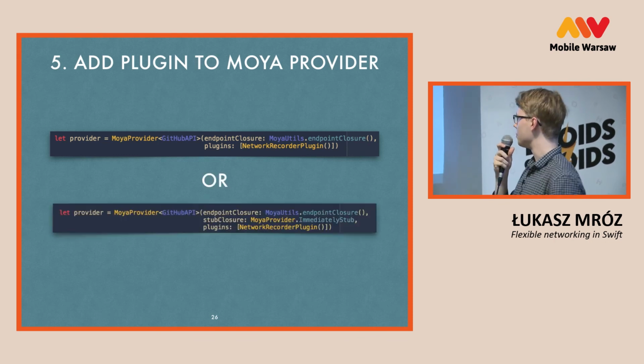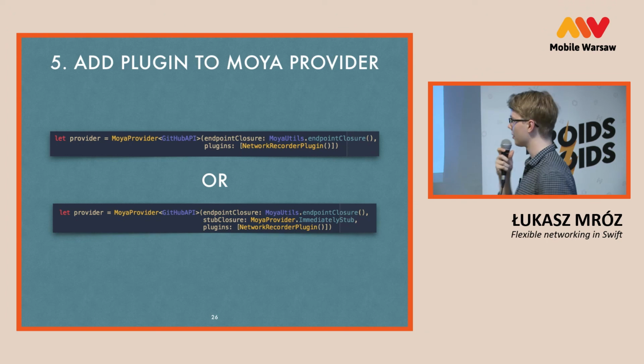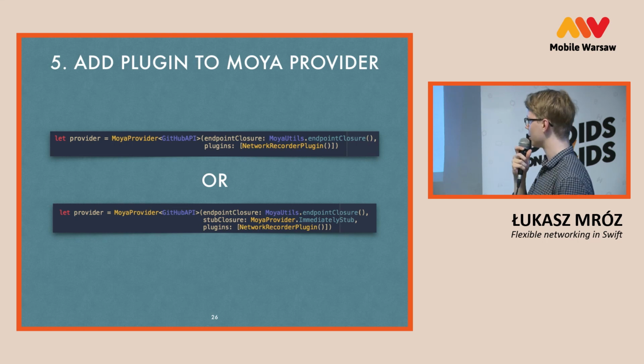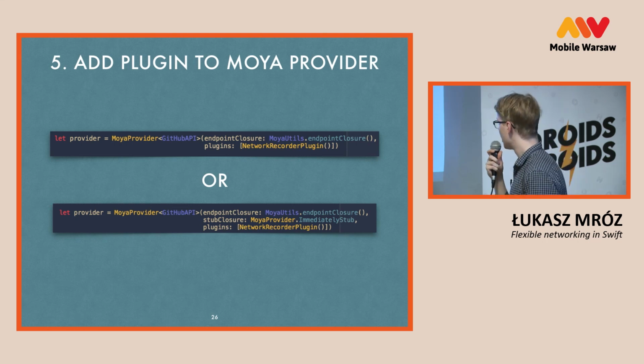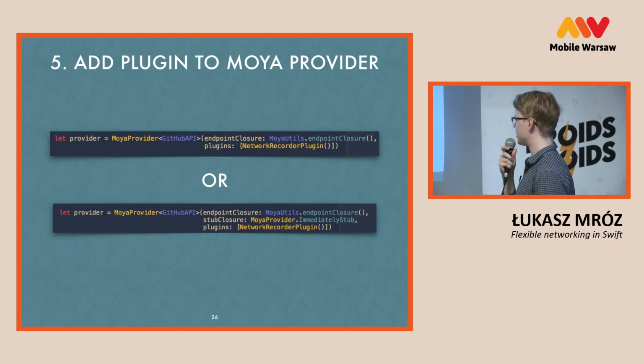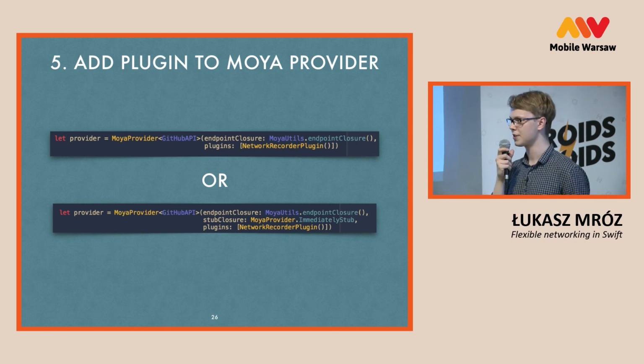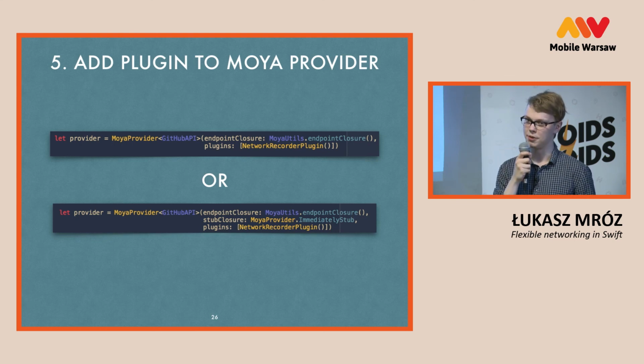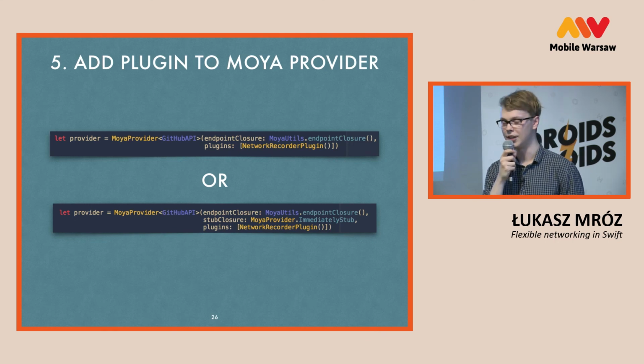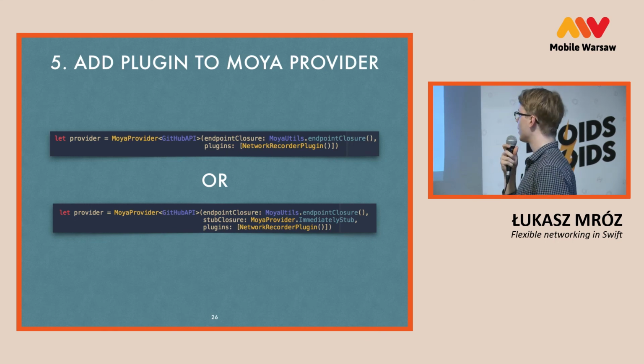And if you want to use stubs, not only in testing, but also in your project when you don't have internet, you just pass the stub closure. This is another closure that Moya provides. And here we are using immediately stub, which tells us, okay, so every time you run a request, you just get the stub response we've set before. And you are not going to run any network requests at all.